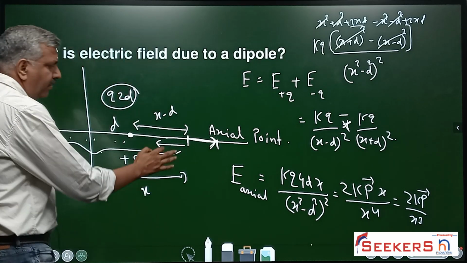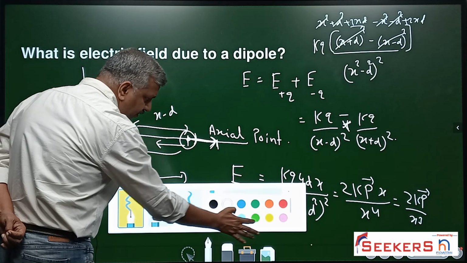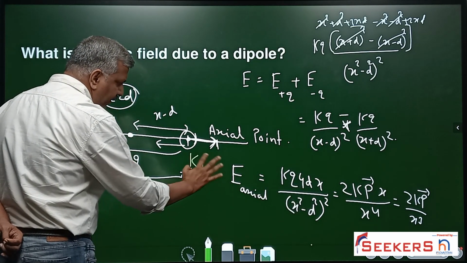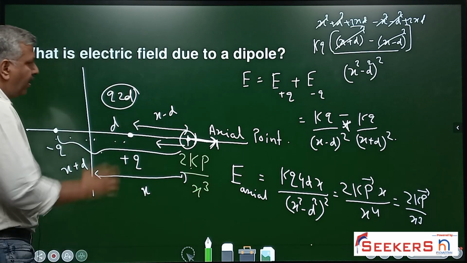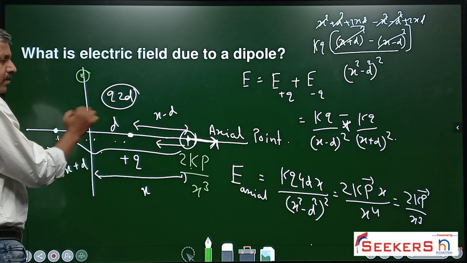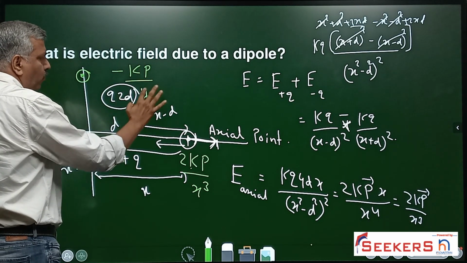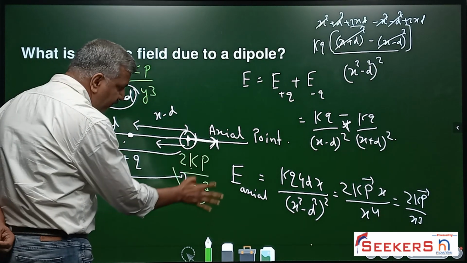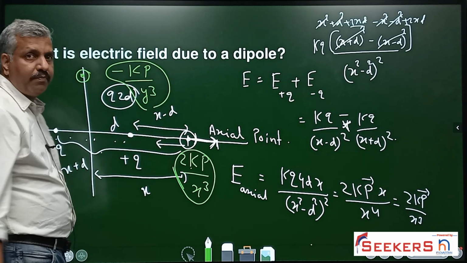So at the axial point, the electric field is equal to 2kp by x cubed. At the equatorial point, the electric field is minus kp by y cubed. Okay. So this is a very, very important output that you should remember.